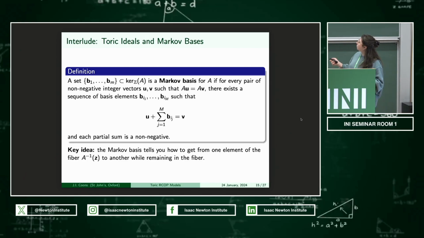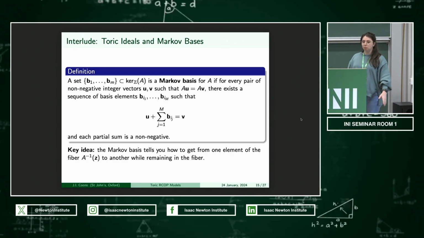So there's a sequence of basis elements such that u plus these basis elements is equal to v, and each of these partial sums is non-negative. So every time I add one of these b's in, I stay positive. And so the key idea is that a Markov basis allows you to get from one element of a fiber of this matrix to another one while still remaining in the fiber.